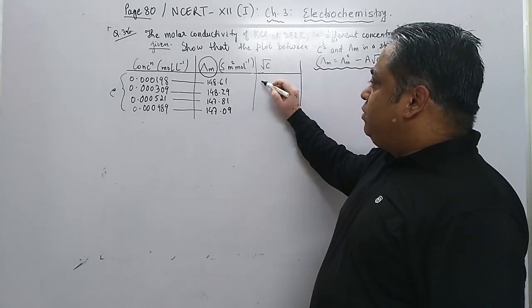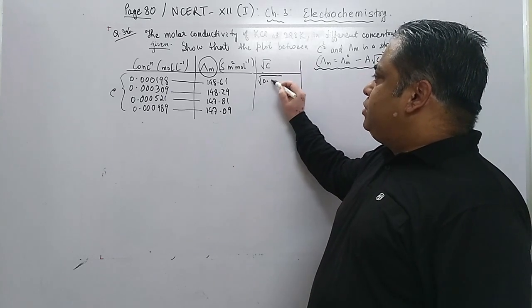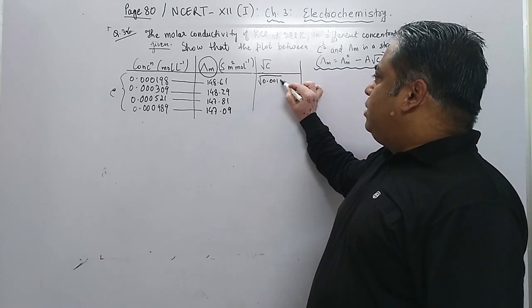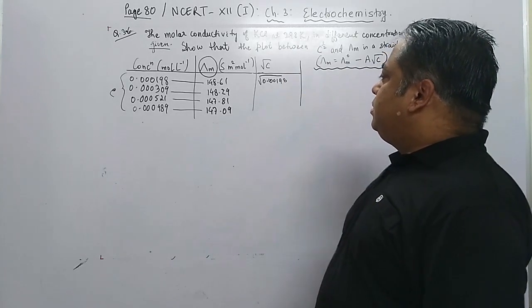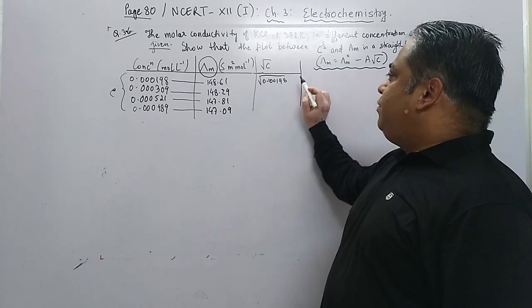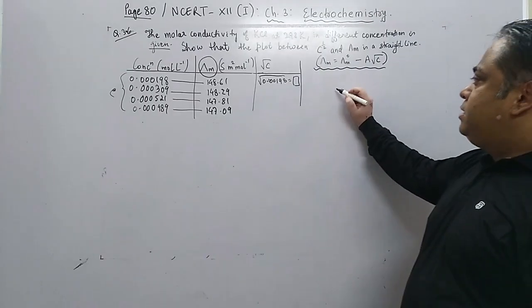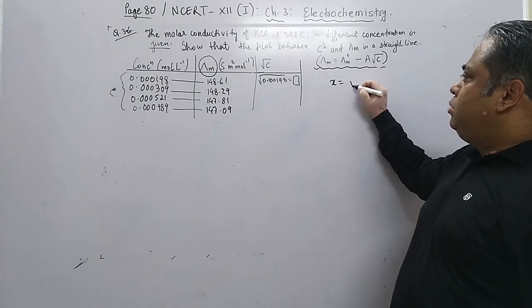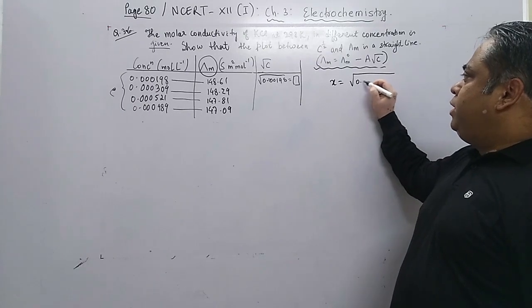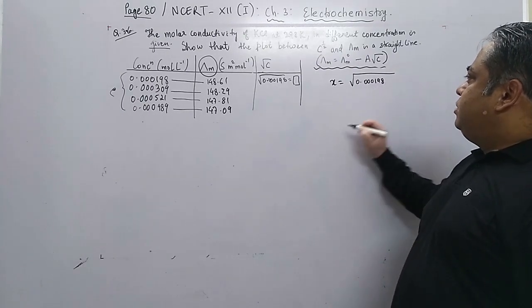I can do a little bit of rough calculation to show how the value of the root can be found out. Say I have to find out the value of root 0.000198. Let x be equal to the square root of 0.000198.